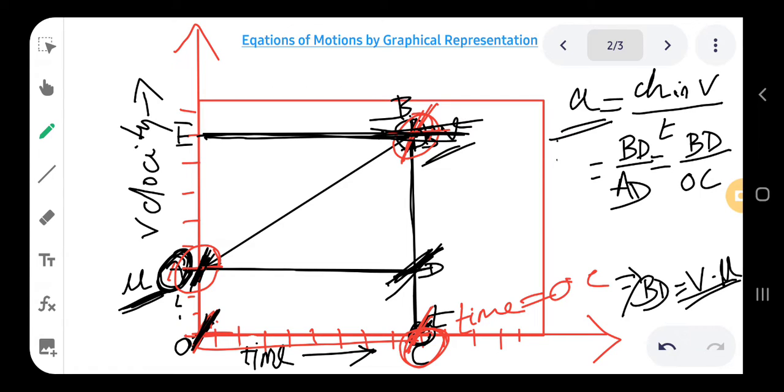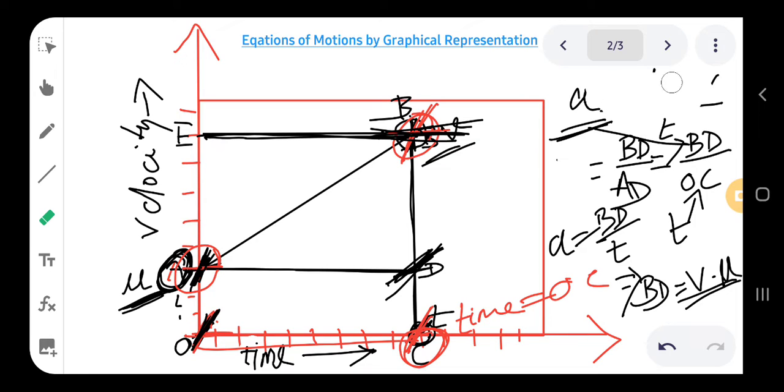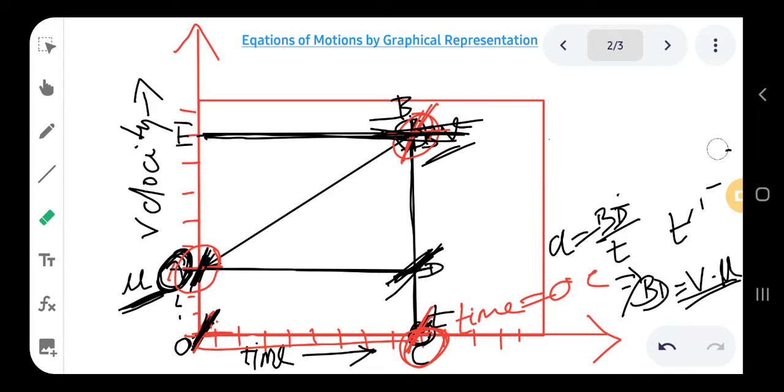Substituting OC equals T, since OC is T, finally I get A equals BD by T.